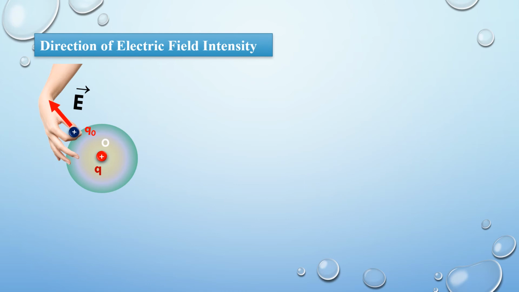As known, the direction of electric field depends upon the force that is experienced by the test charge. Hence, the direction of force also gives you the direction of electric field intensity.